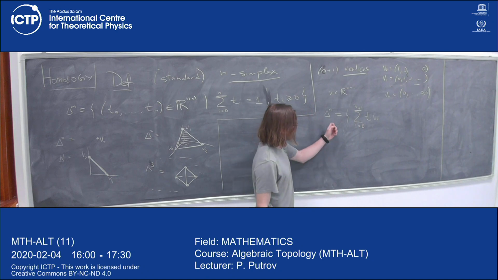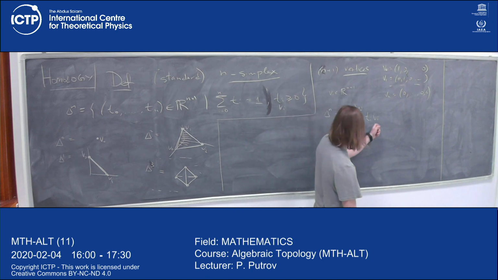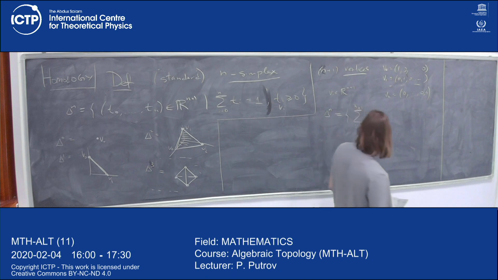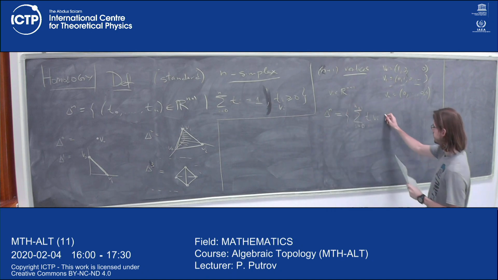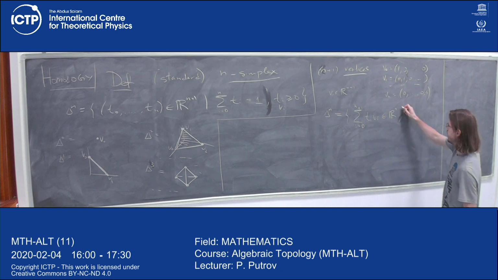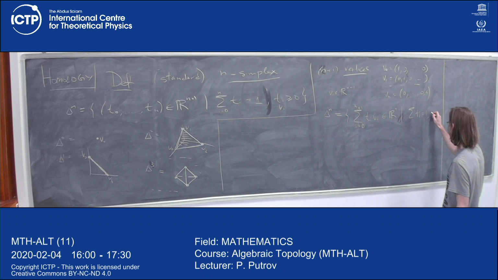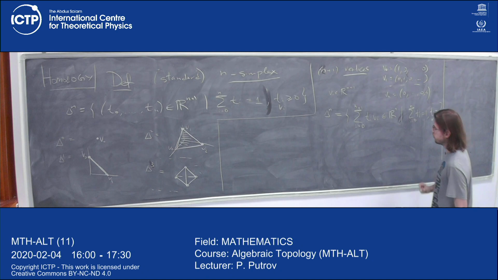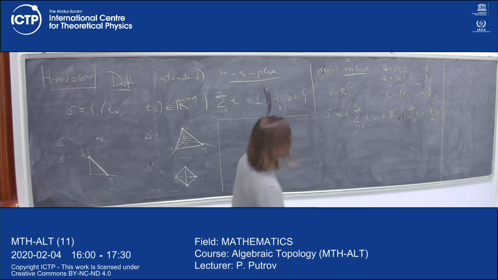So the points in the n-simplex are all possible linear combinations of the V_i's with coefficients satisfying these conditions from before.